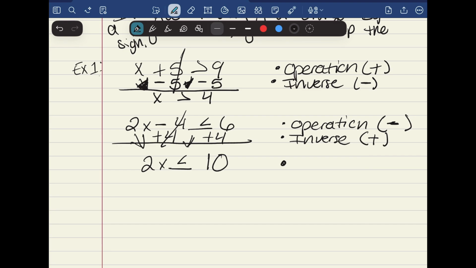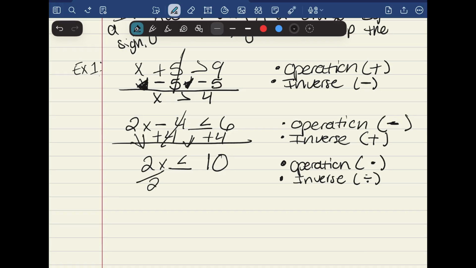Cool. Now, here is where it comes to it. I'm going to, again, identify my operation. 2x, remember, means 2 times x, 2 multiplied by x. So that means the operation is multiplication. So we're going to do the inverse. Inverse, again, means opposite. Opposite of multiplication, division. I'm not going to divide by 2x. I want to keep my x there. In order to keep my x there, I'm only going to divide by the 2 to get rid of it.